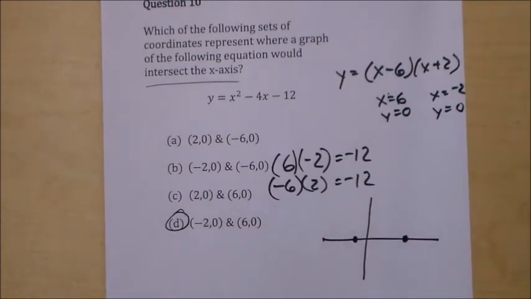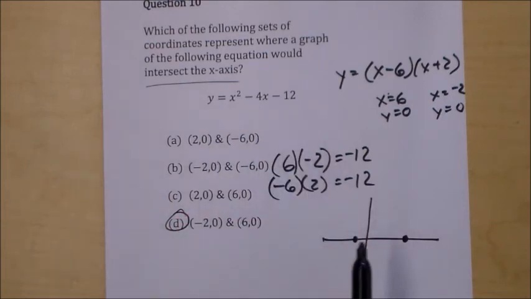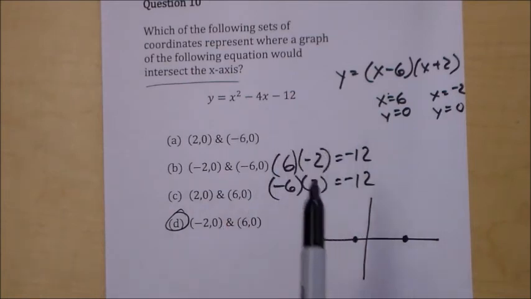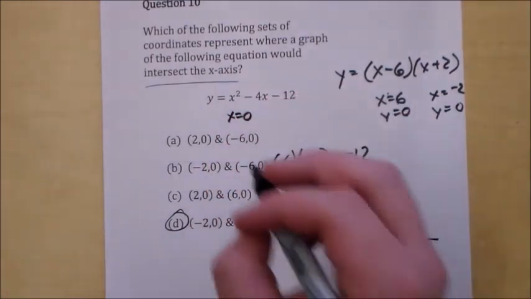But let's graph this out just because it's fun. We know it's going to be either a smiley face or a frowny face because of that term that we're familiar with. So where would y be when x equals 0? That's always an easy spot to find. Why? Because 0 is easy to work with. So if x equals 0, where would y be?